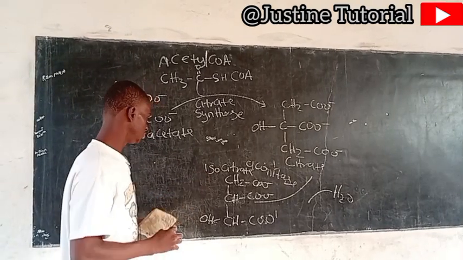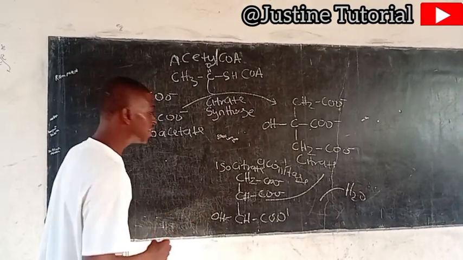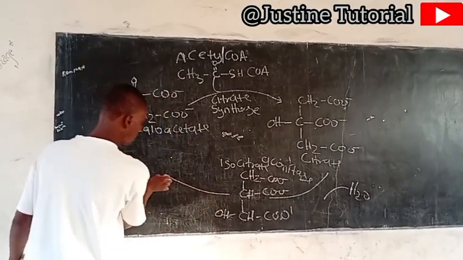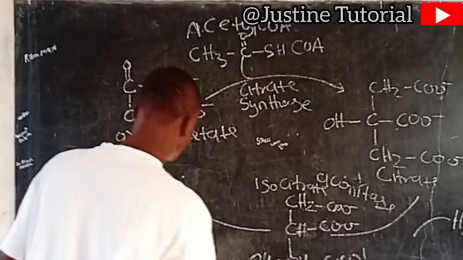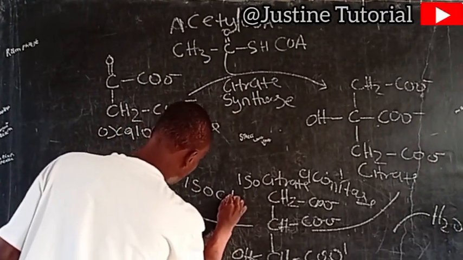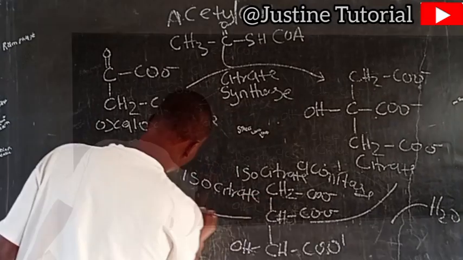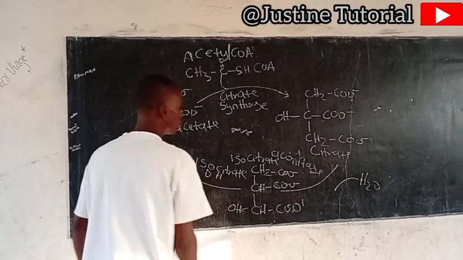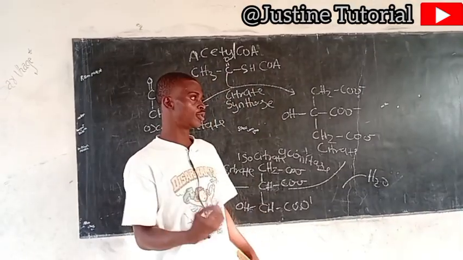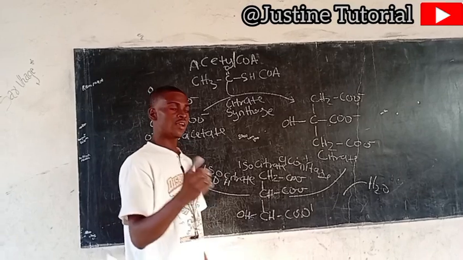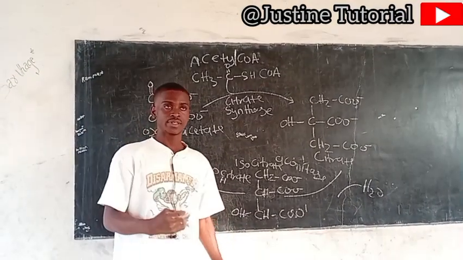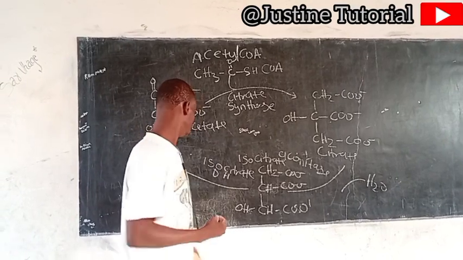So isocitrate will be converted to alpha ketoglutarate by an enzyme known as isocitrate dehydrogenase. Whenever you see a dehydrogenase enzyme, that should let you know that a reducing equivalent, which is NAD or NADH, a high energy compound, is involved.